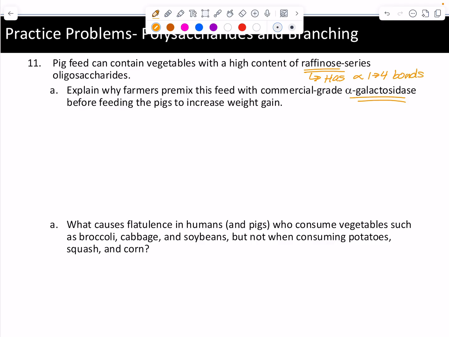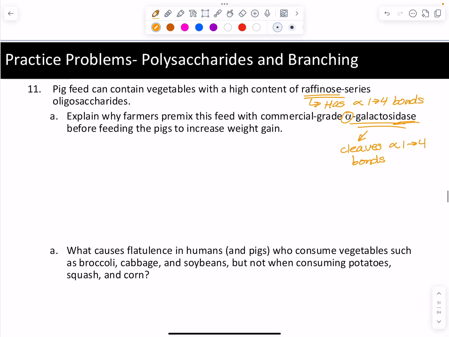All right, so alpha galactosidase cleaves or hydrolyzes alpha 1 to 4 bonds. And you can get that from the name, right? The alpha and then galactosidase, that means it breaks up that carbohydrate that is made up of galactose units, okay?